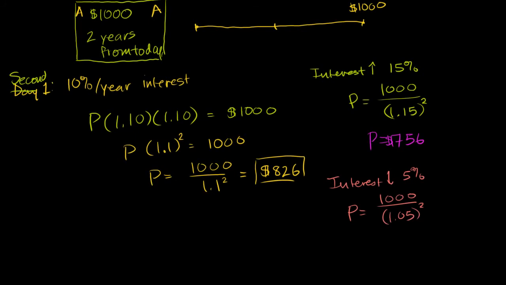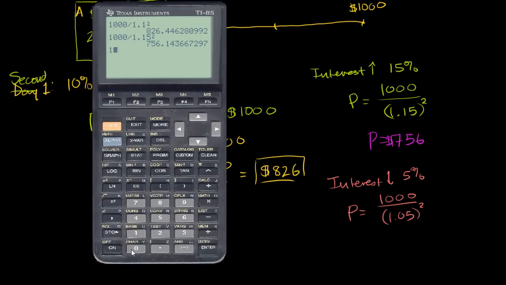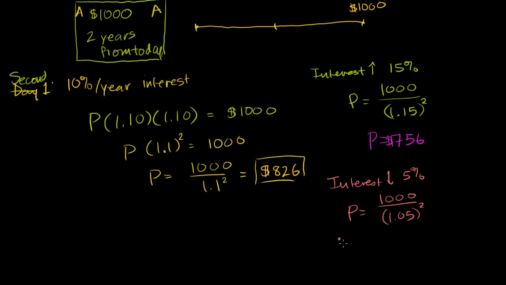Get the calculator out again. We get $1,000 divided by 1.05 squared is equal to $907. So all of a sudden, the price is now $907.